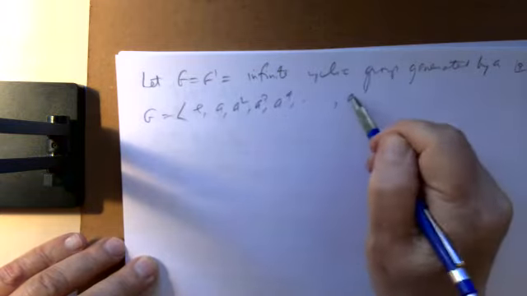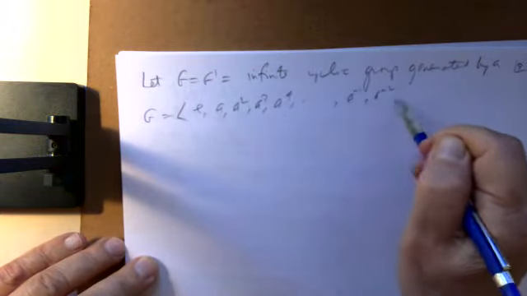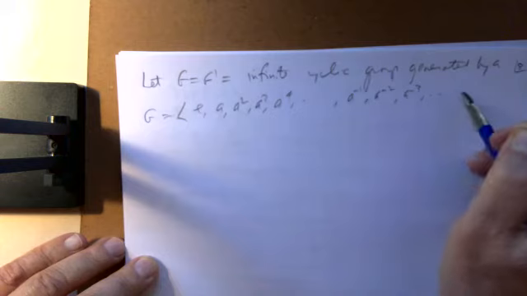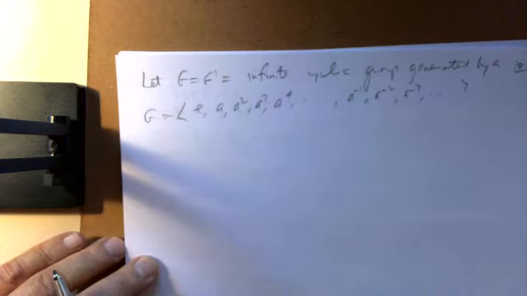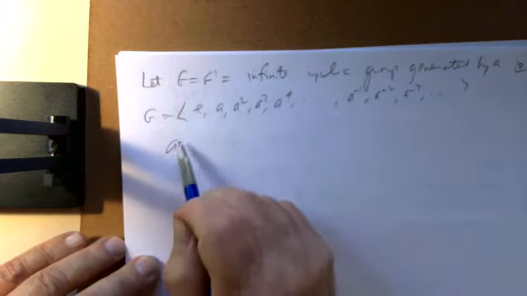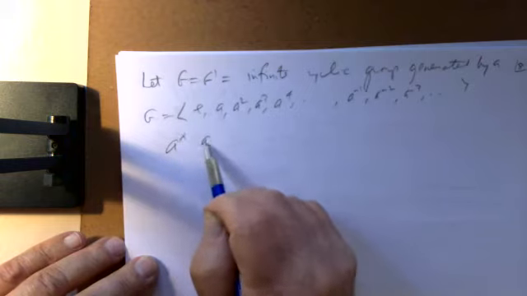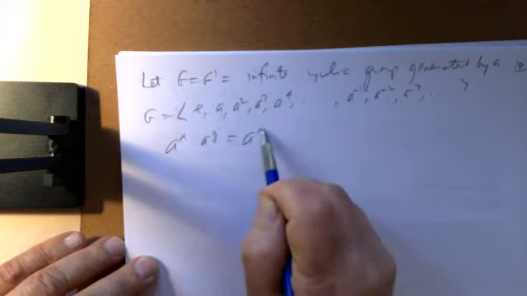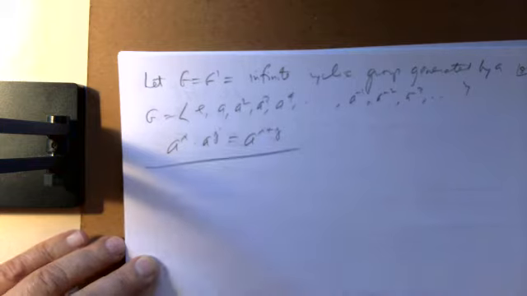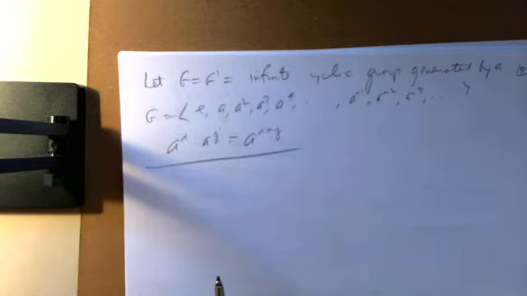And also A inverse, A to the minus 2, A to the minus 3, and so forth, going on forever. That's the infinite cyclic group. And the multiplication is A to the I times A to the J is A to the I plus J.